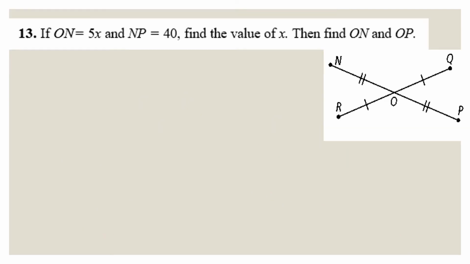The next one, we are working with just the 2 tick mark line segments. We know that ON is 5x, so this one we might want to draw a little picture too.